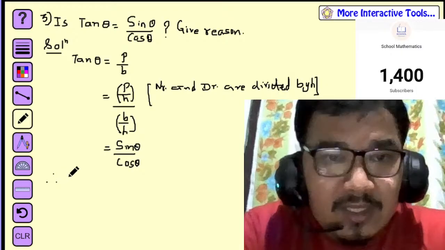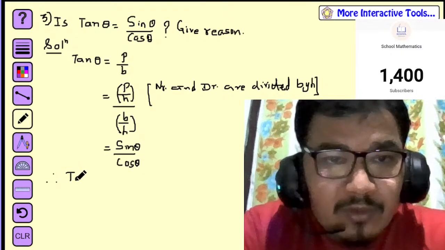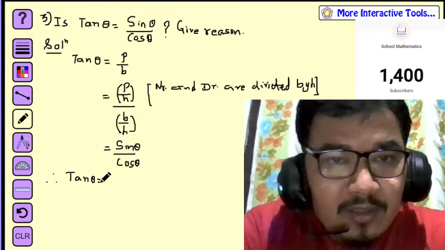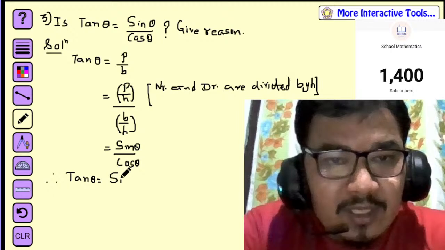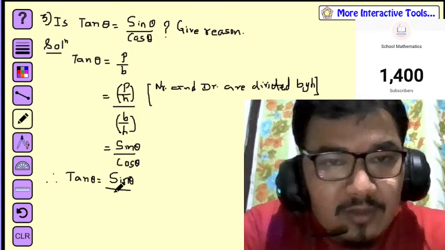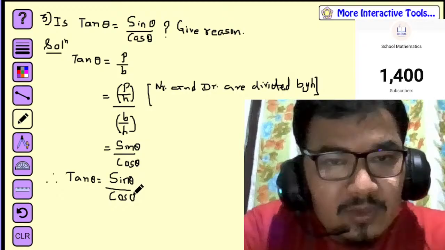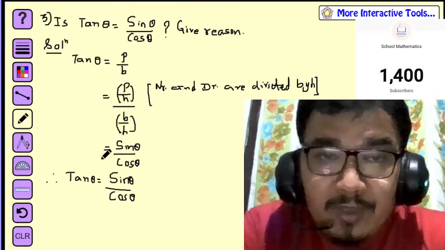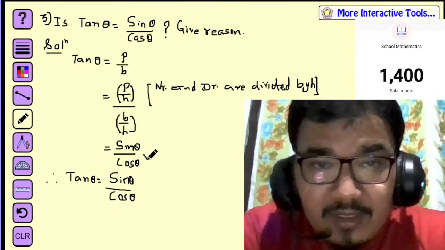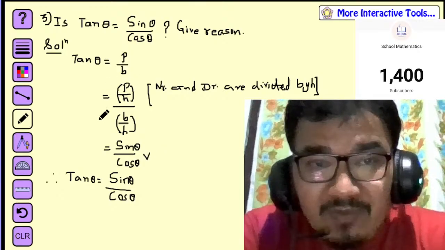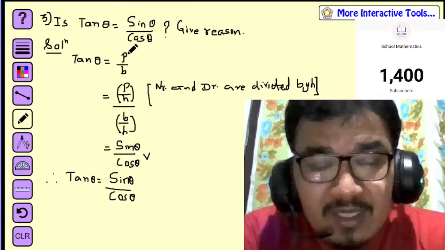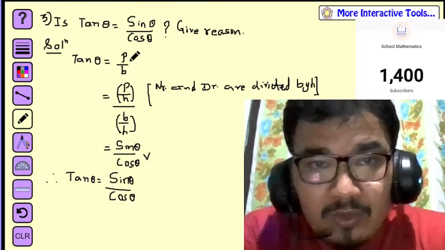This is correct, therefore tan theta equals sin theta by cos theta. This value is obtained by dividing the numerator and denominator both, p by h and b by h.